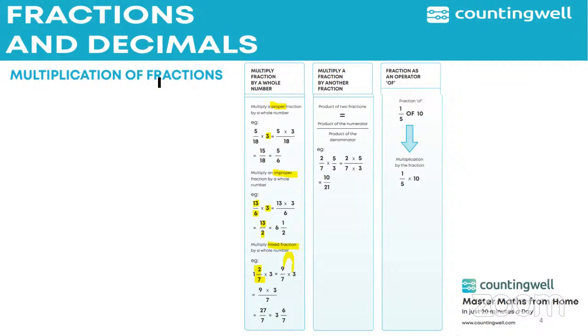So the fraction 1 by 5 of 10 is nothing but multiplying 10 to 1 by 5.